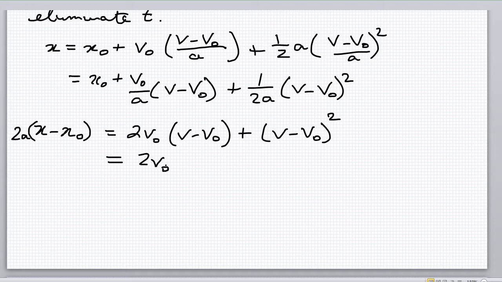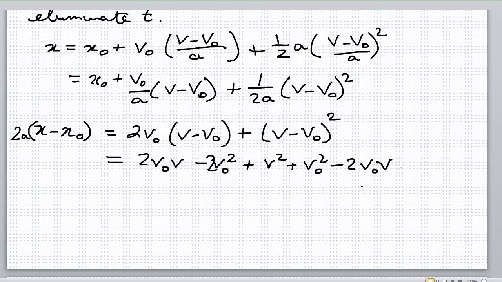So 2v naught times v minus 2v naught squared, plus, and then multiplying this out, it becomes v squared plus v naught squared minus 2v naught v. The terms in v naught v cancel, and this v naught squared cancels with that too.